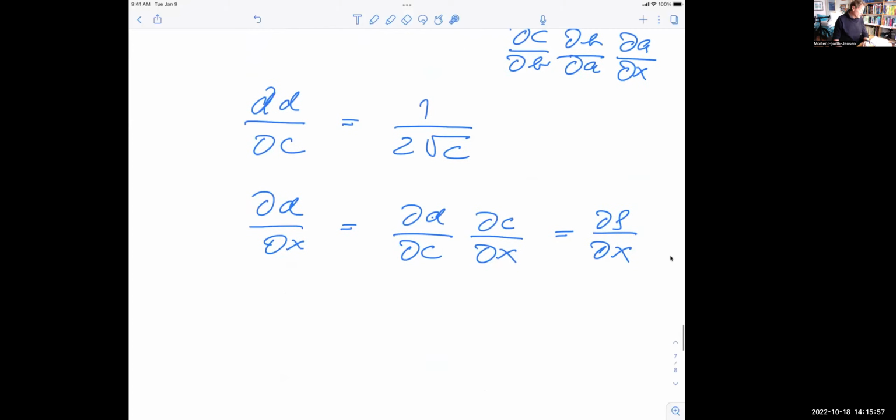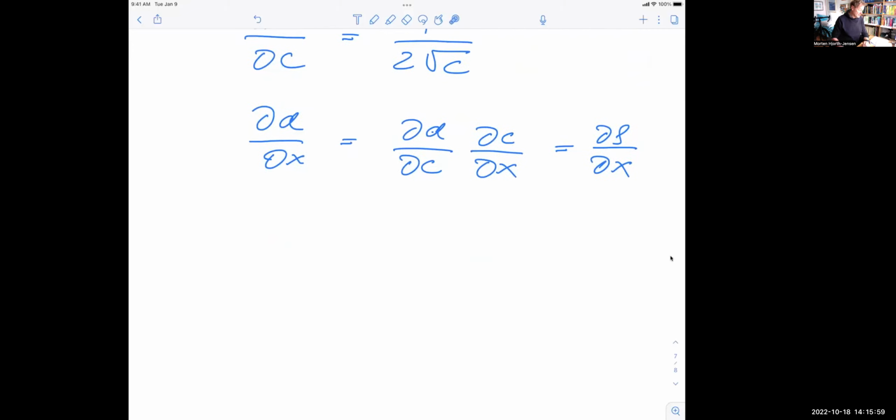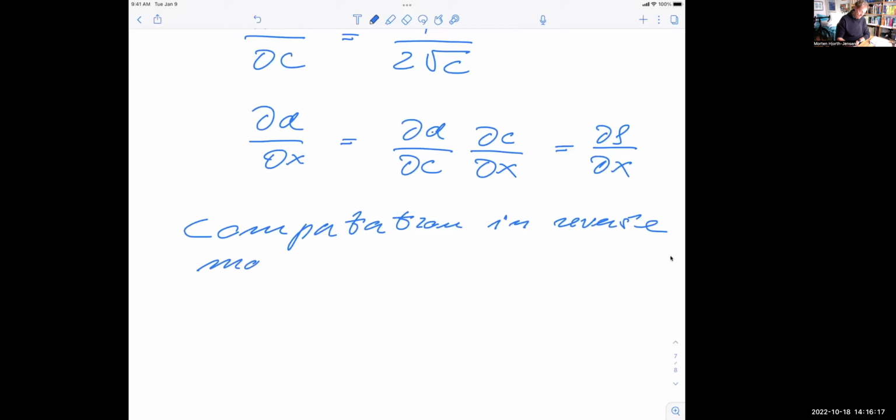So what you could do now is to look at the reverse mode, so if we now move on and look at the computation in reverse mode. What we need then is to start with df/dd equal to 1, because d is equal to f.